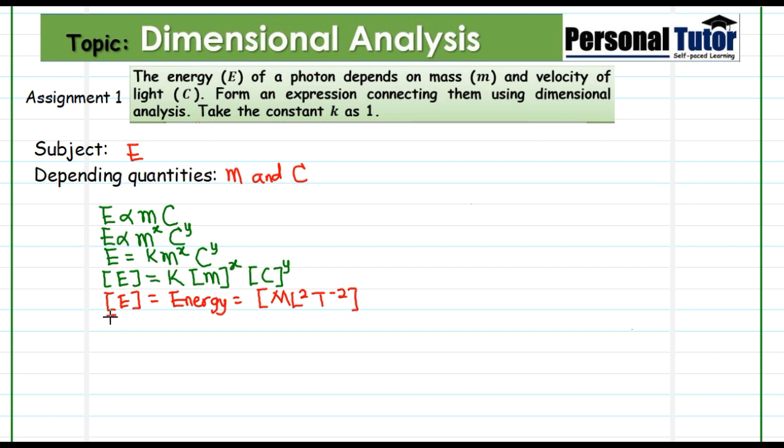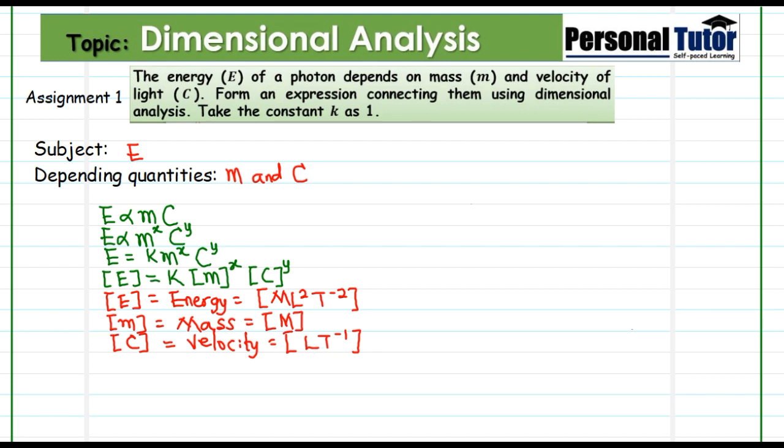Next is the mass, and the mass has the dimensional symbol as a capital M. The next is the c, which was defined as velocity. Dimension of velocity is L T exponent negative 1.